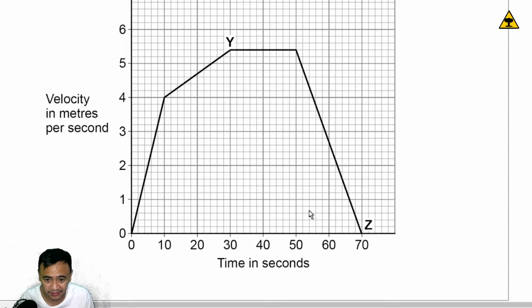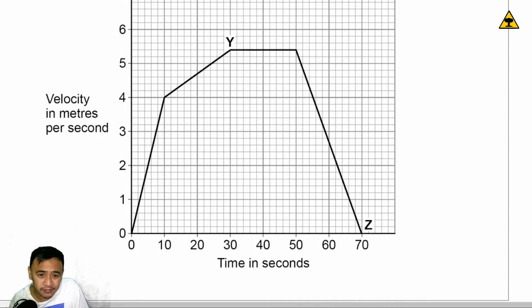It's going to be easier. Trapezoid. No, I don't know the formula for it.